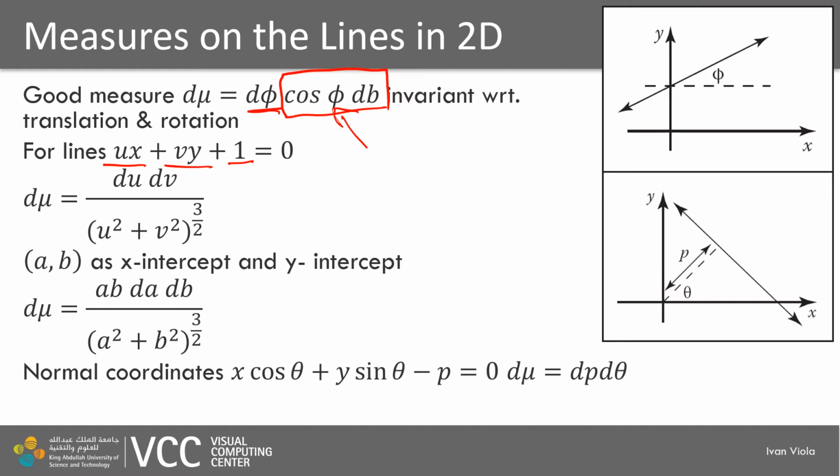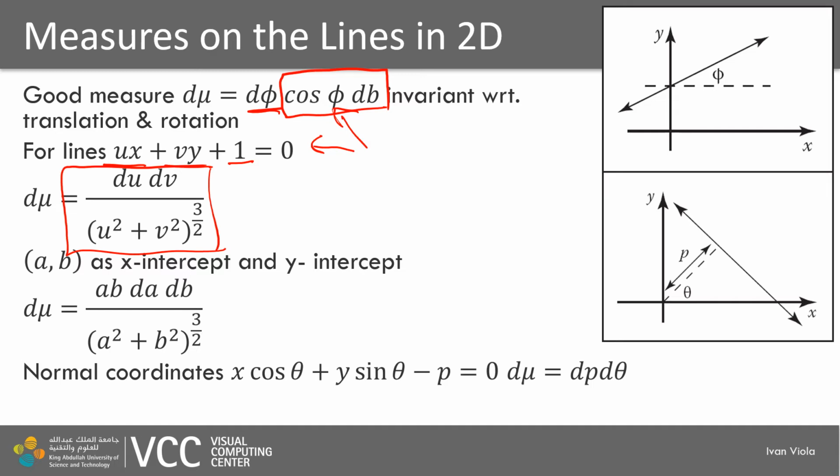This is basically a description of a normal, where the normal will have the values u, v, and such a parametrization of the lines can have a measure which is similar to the previous one, which we can see here. And that would be an appropriate measure, which is not changing with the changing of the coordinate system.